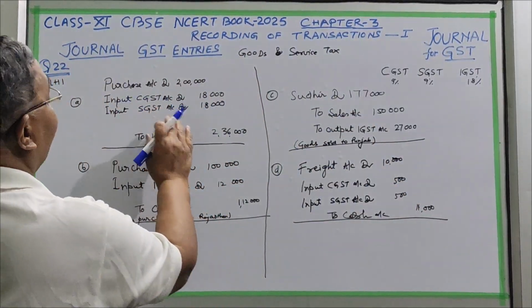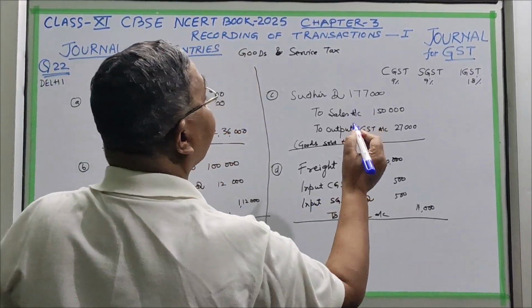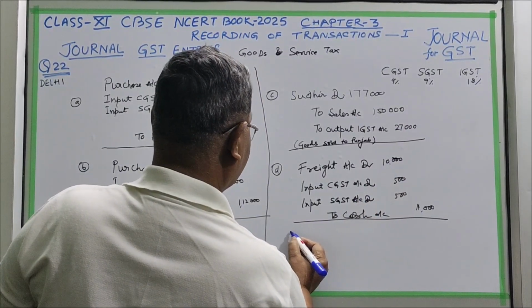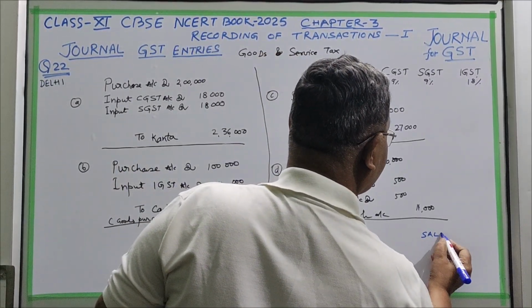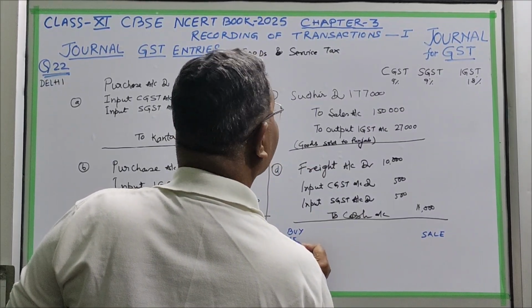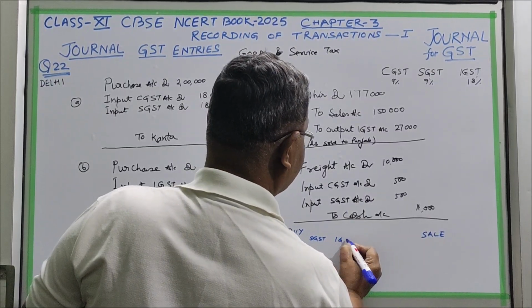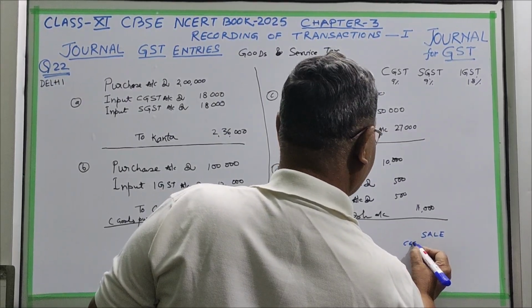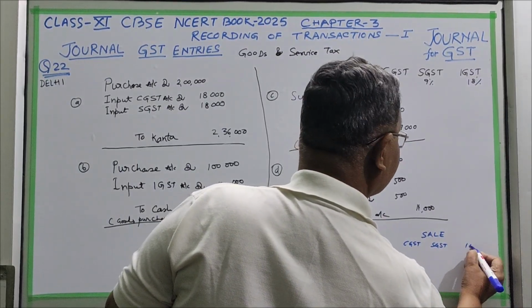Here I am making a chart of buy and sell: CGST, SGST, IGST, and sale CGST, SGST, and IGST.